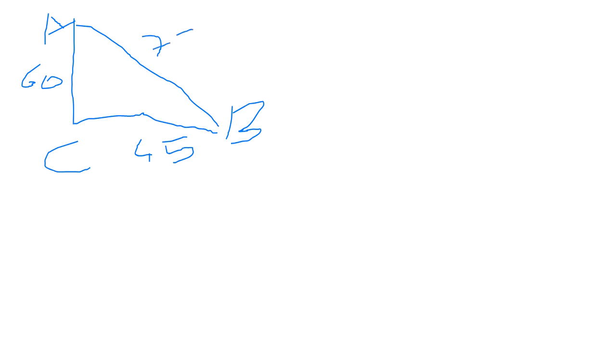So now I can easily find my cos B because I'm finding the reference angle B. So cos B, as I know, is adjacent to the angle. If I'm talking about this angle, my adjacent is this one, my opposite is this one, and my hypotenuse is this one.